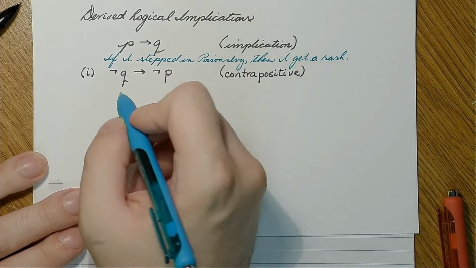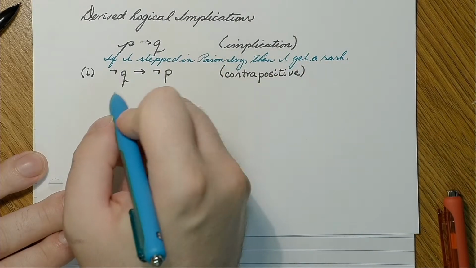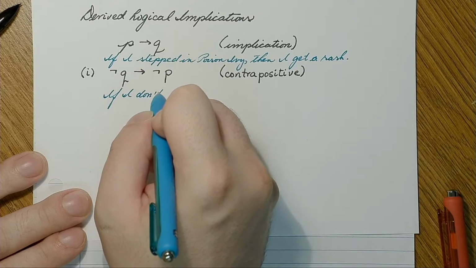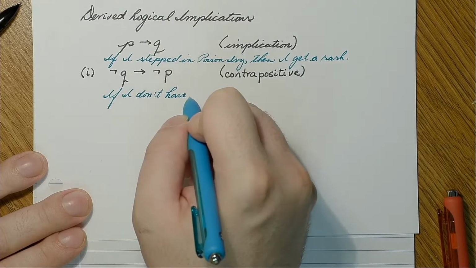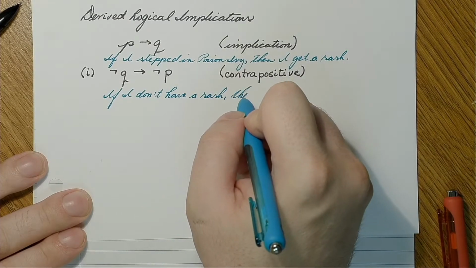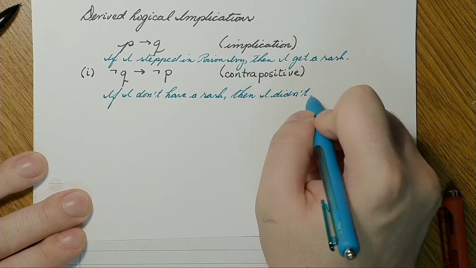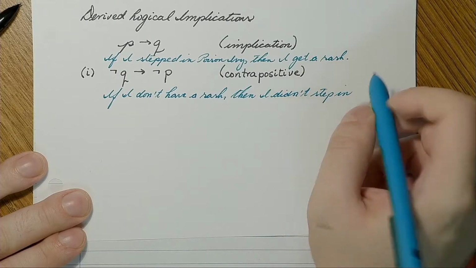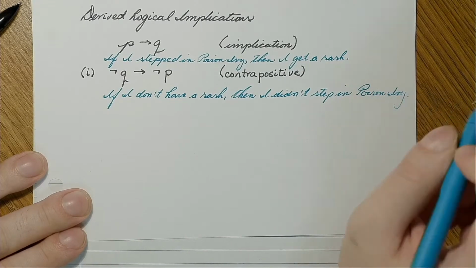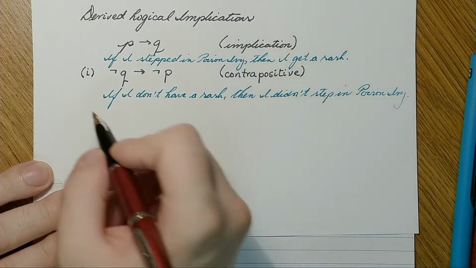So negating that, here's my Q and here's my P. If I don't have a rash, then I didn't step in poison ivy. Okay, so that's the contrapositive.